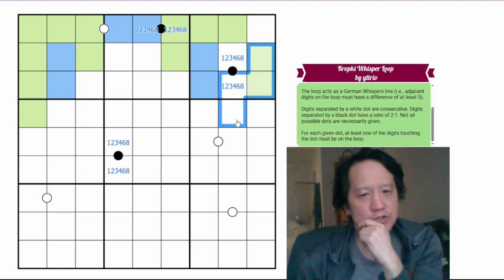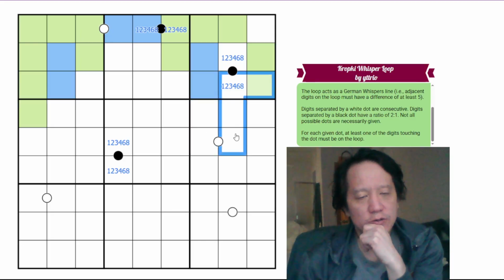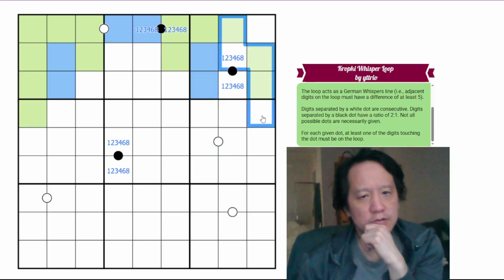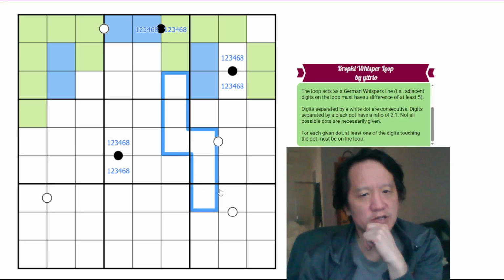So if it goes this way, it must enter here, one of these. So it must go either here or here. If it goes here, well, it doesn't have to go this way. It could actually go this way, and this one could go something like that.